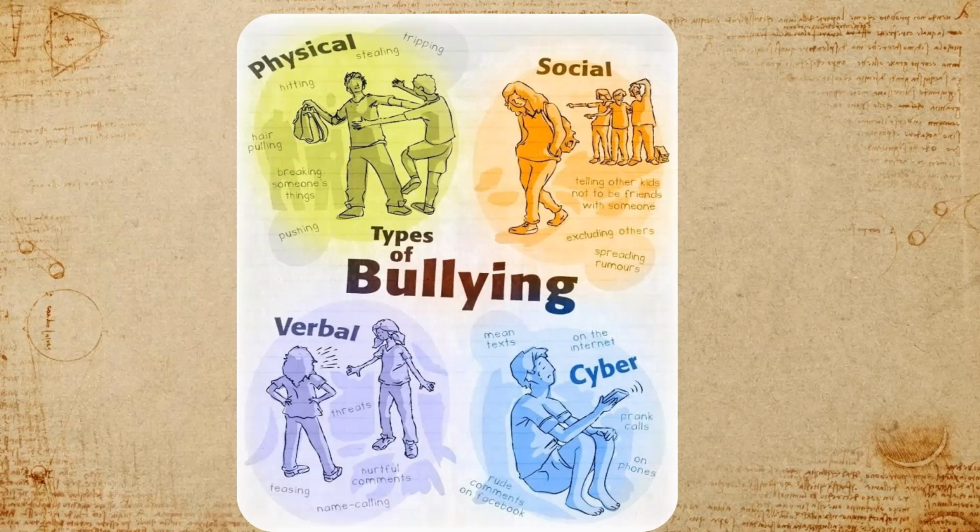Verbal bullying is threats, teasing, hurtful comments, name calling. Cyberbullying is sending mean texts on the internet, prank calls on phones, rude comments on Facebook. So these are mainly the general types of bullying and conflicts that might appear in schools, and our students could be involved in.